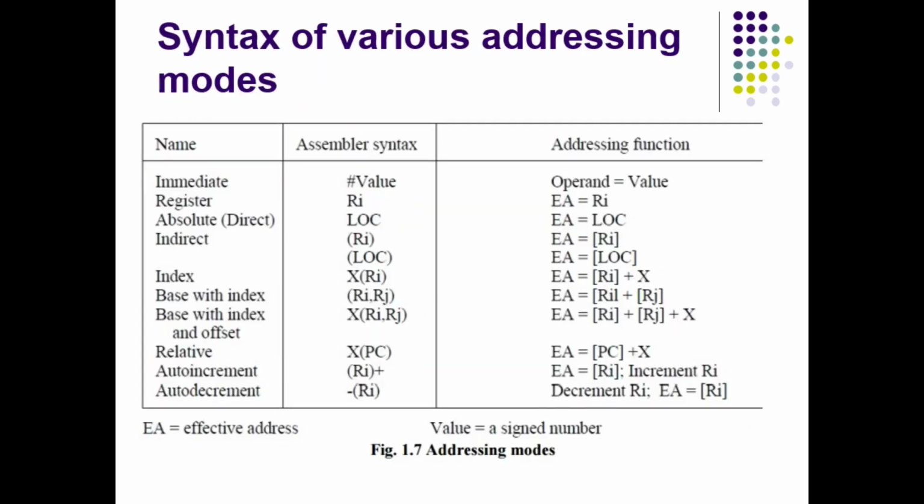These are the syntaxes of all the addressing modes I have explained throughout this video as per the textbook. You can understand all the syntaxes once you go through the entire video. I have tried to use the same syntaxes as much as possible. So this is about all the addressing modes discussed in your syllabus. Thank you.